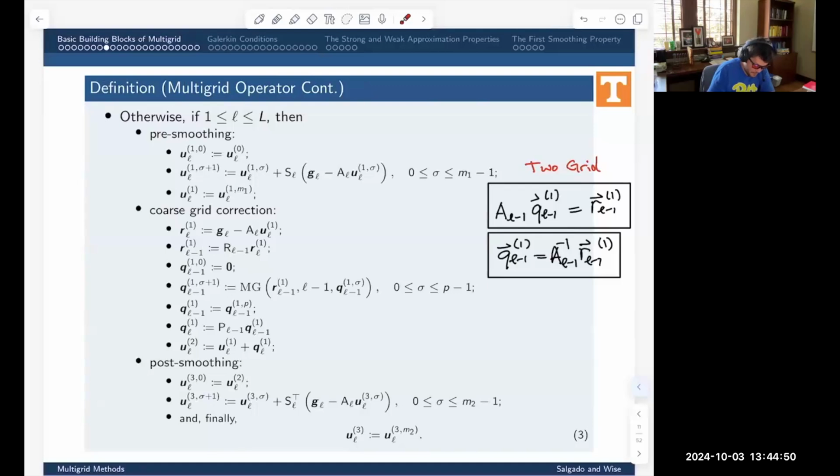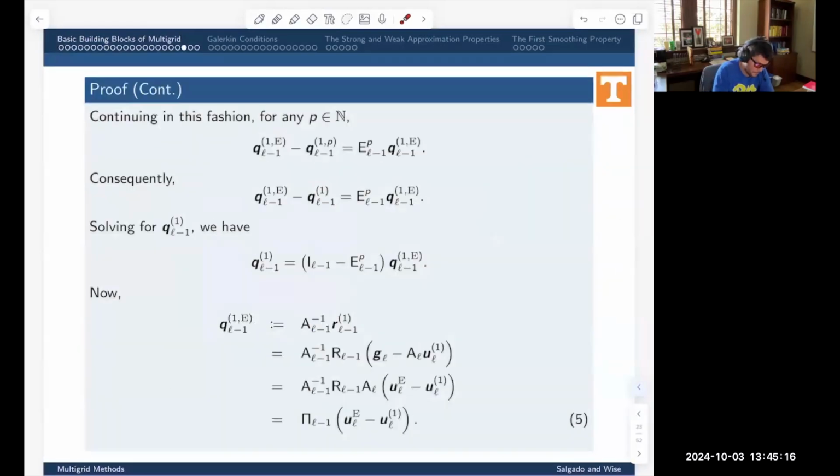Yep, there it is right there. That guy was just set equal to that. I was thinking it should get a 2, and I was confusing myself for just a second there. But it's not a 2. We don't call it a 2 until we actually push that thing up to the fine grid and then add it on to the previous best guess. So I was thinking this should be a 2, but no, it's 1. So this is just a relabeling.